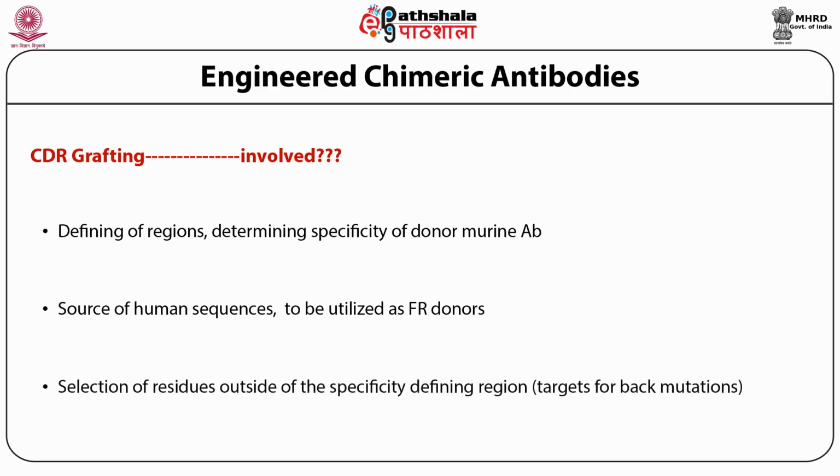The selection of residues outside the specificity defining regions is also done, which is important for CDR grafting as a method, because sometimes after grafting even the CDRs, some back mutations in the grafted antibody are required for improving its binding activity.